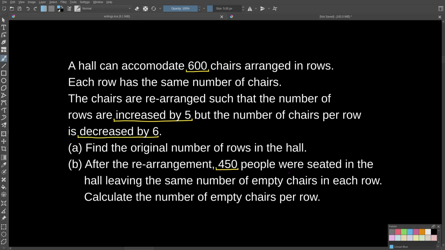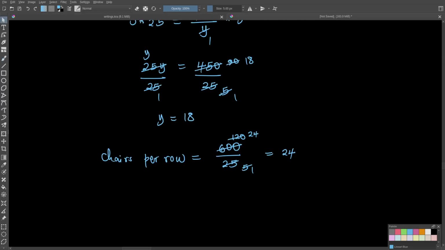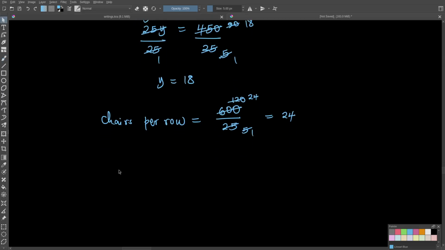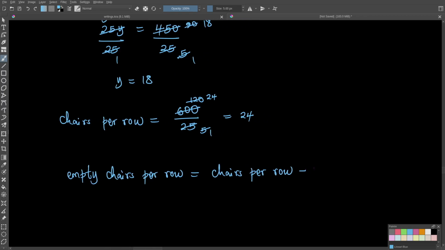And what was the question asking? Calculate the number of empty chairs per row. So empty chairs per row will be the chairs per row minus the number of people per row.